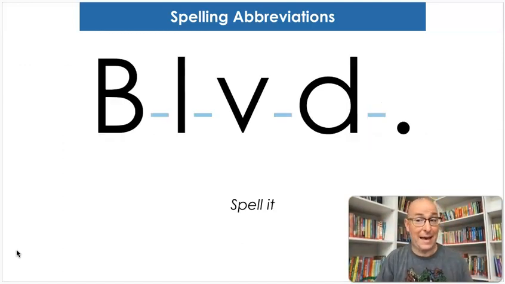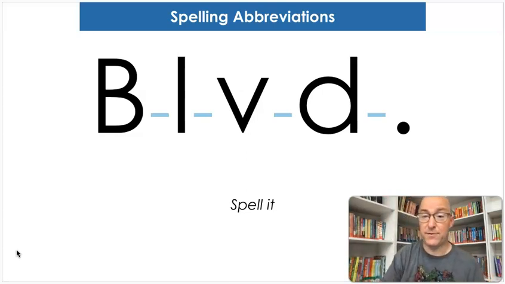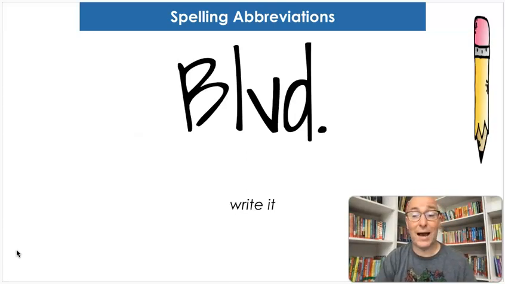Spell it. Capital B, L, V, D, period. Boulevard. And of course, remember, it's only going to be capital if it's the actual name of a street. Write it. Capital B, L, V, D, and don't forget your period.